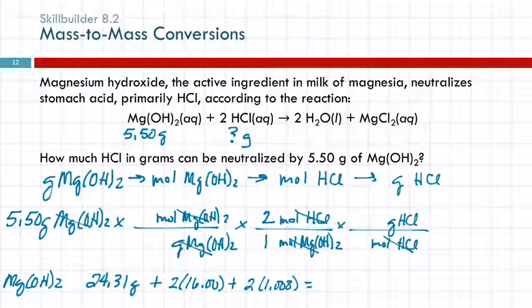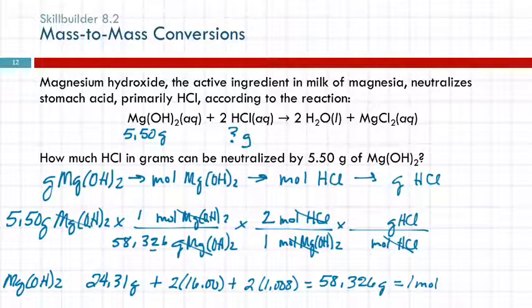24.31. See, I lost the decimal point. 24.31 plus 2 times 16 plus 2 times 1.008, 58.326 grams is equal to 1 mole of this. So 1 mole, and I get 58.326 grams down there.